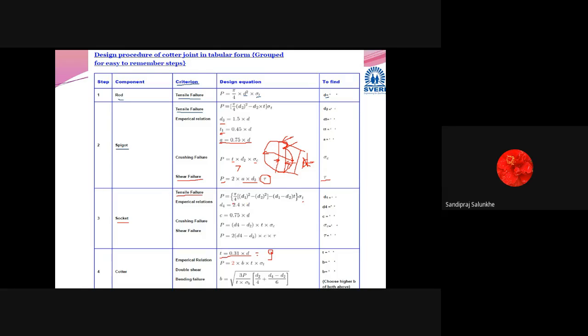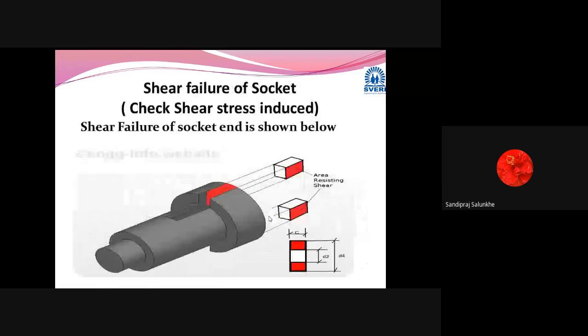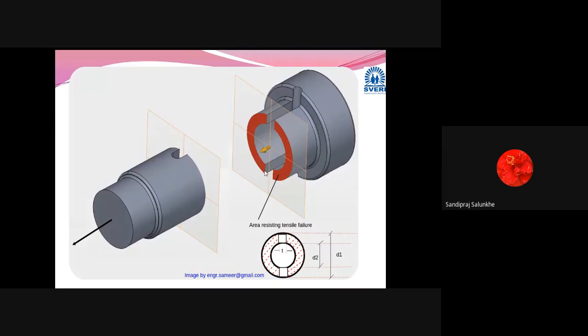So which area will be encountered in the tensile? That area we have calculated as this area, this red area. How have we calculated this red area? First of all, we have calculated this whole area, that is pi by 4 D1 square.